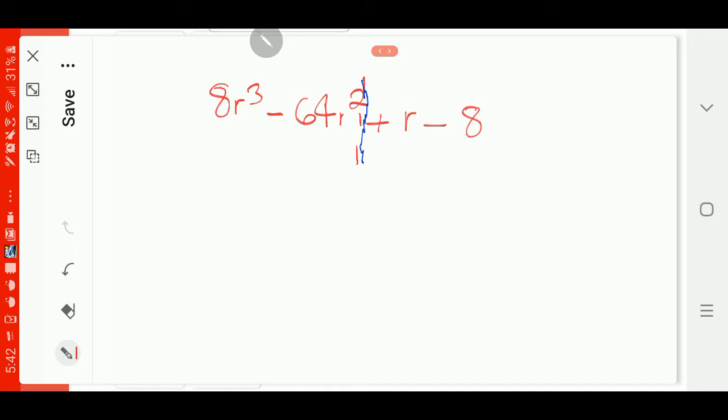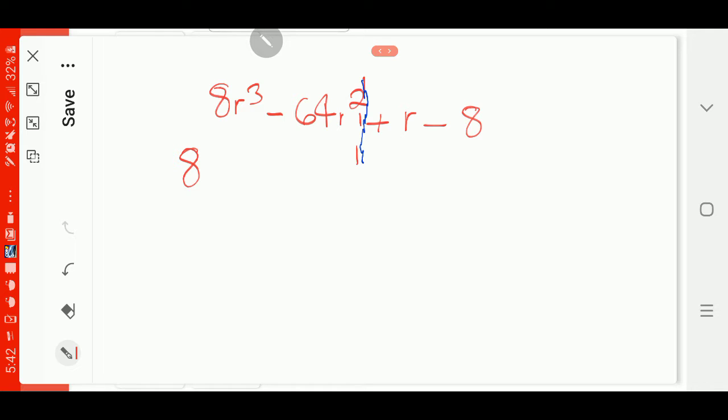Take a second and think about that. Pause the video, take a moment to do that. Okay, so we know that 8 is our greatest common factor because 8 times 1 is 8 and 8 times 8 is 64. So now we need to factor out our r terms.